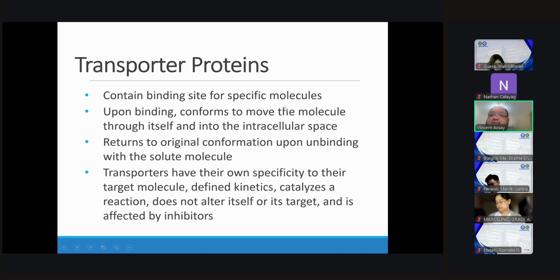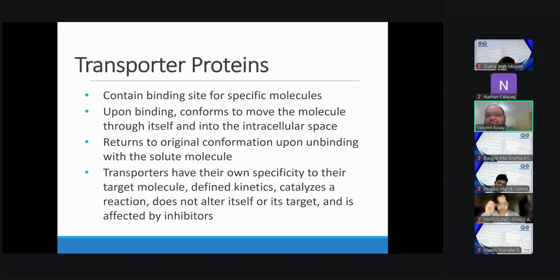So we're done with pores and channels. We'll talk about transporter proteins. Transporter proteins function like enzymes. They contain binding sites for specific molecules. Upon binding, they change conformation to move the molecule through themselves and into the intracellular space. Upon releasing the molecule, they return to their original conformation, and they do not change the conformation or structure of the target molecule.